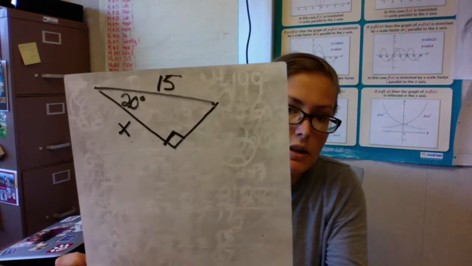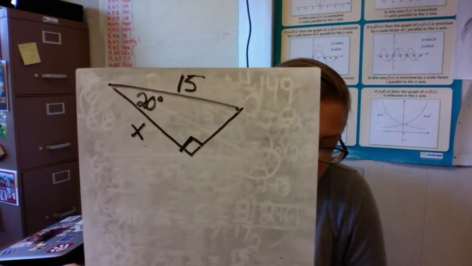Okay, next one says, find x to the nearest tenth. We have the adjacent, so we're going to use cosine. So we have the cosine of 20 is equal to our adjacent, which is our x, over our hypotenuse, which is 15.